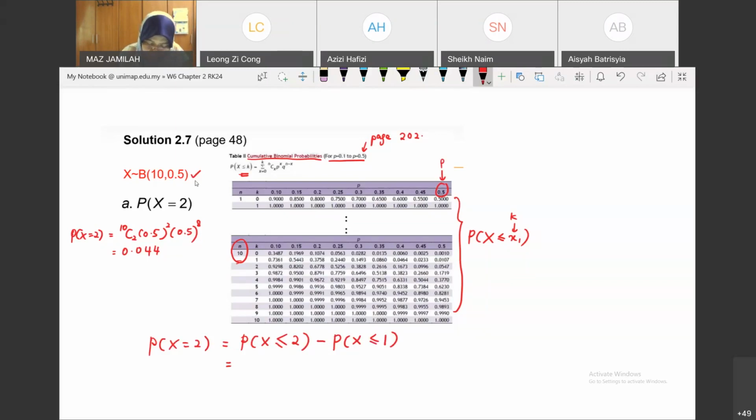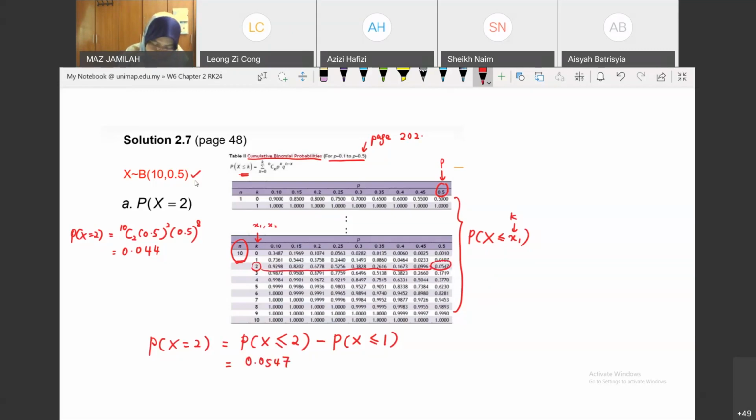From n number of trials, this is your K. In our textbook we use K, X1 and X2. So we are talking about 2, looking for 2 and going to the respective cumulative probability distribution function, we have 0.0547.